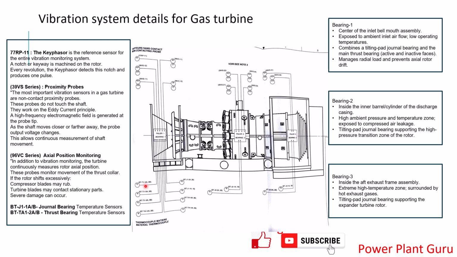Here is BTT I can see, here is BTJ I can see. On these bearings only BTJ will be there because there is no thrust bearing here. Just have a look and refer to your actual P&ID where you have all these sensors marked in your machine, and have a good read of that.